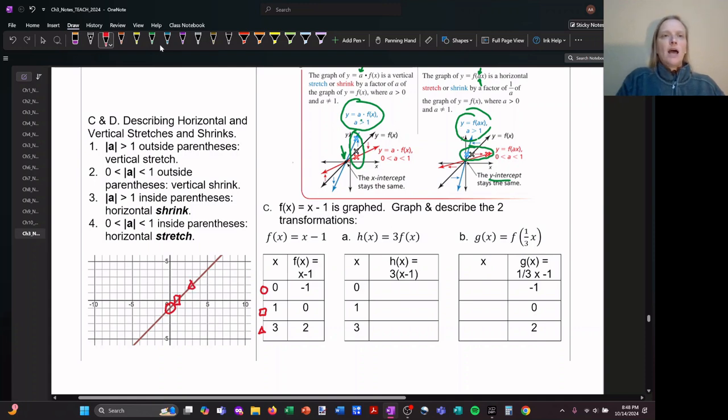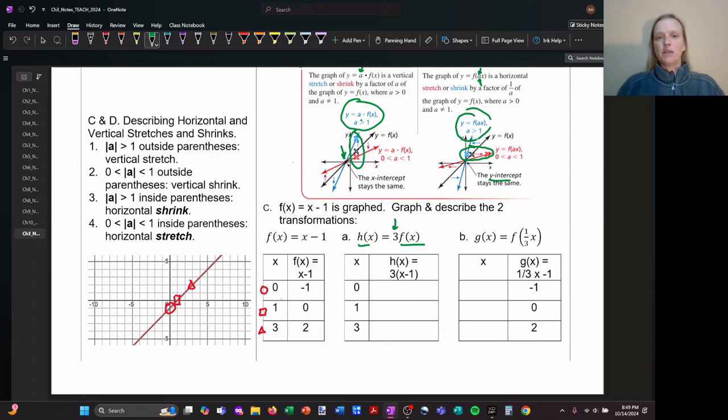And now for my first transformation to graph h of x, I want to take that f of x function, my parent function, and multiply the output times 3. I'm doing my multiplication by 3 after I've put x through the function machine.